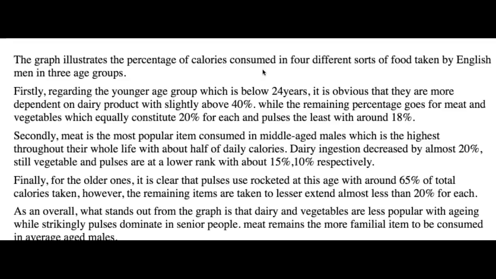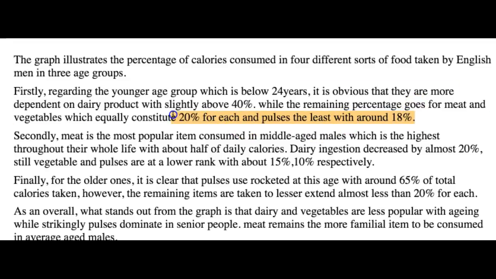Let's move on. Firstly, regarding the younger age group, which is below 24 years, is dependent on dairy products at slightly above 40% capitalization, while the remaining percentage goes for meat and vegetable, which equally constitute 20% each, comma. Pulses are the least with around 18%.